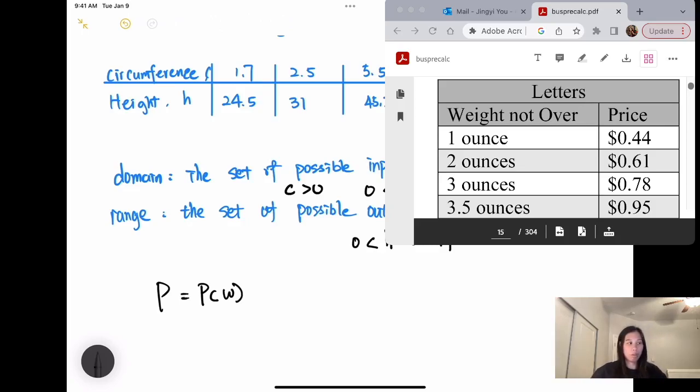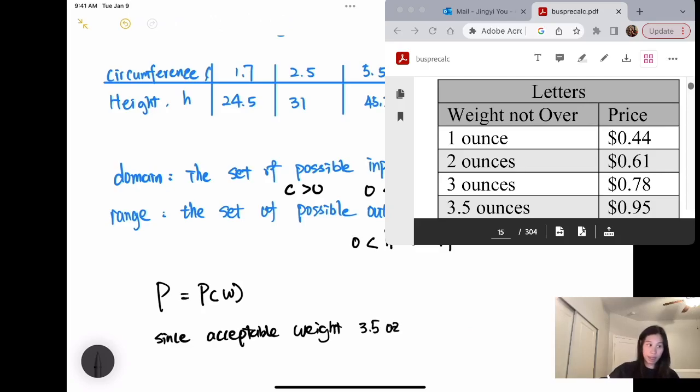What would be the domain? Look at the table and think about what is the acceptable weight. Acceptable weight would be what? 3.5 ounces or less.